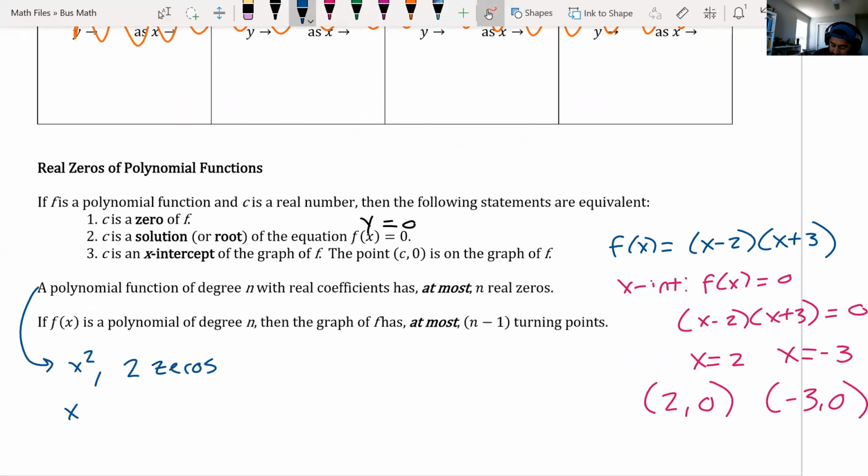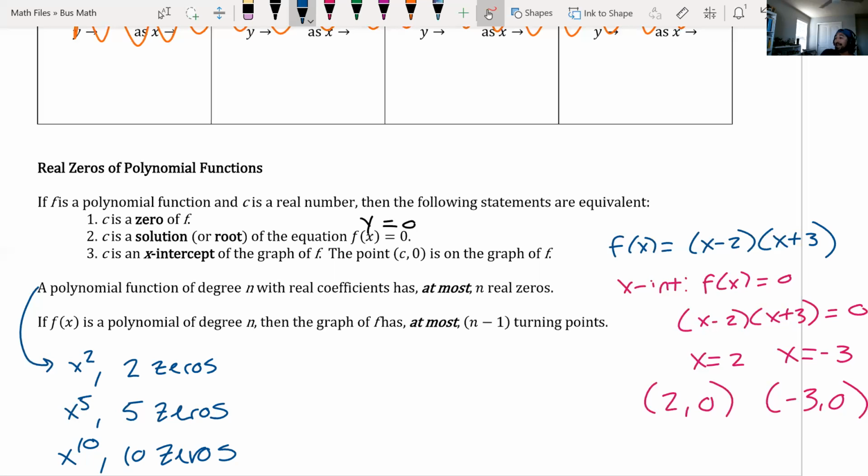If I had the function x to the 5th, this means I would have 5 zeros. So whatever the degree is tells you how many zeros or x-intercepts you're going to possibly have. The keywords here are at most, because not all zeros can exist. Okay. And then just another example, let's say I had x to the 10th, I would have 10 zeros.